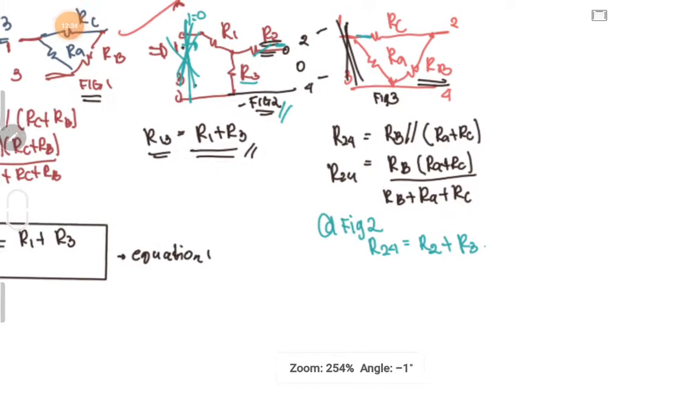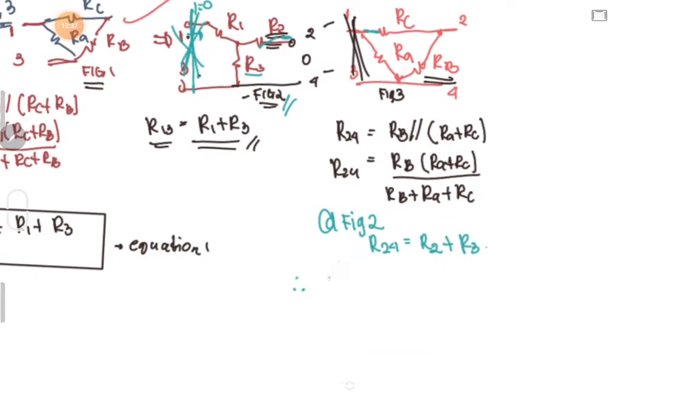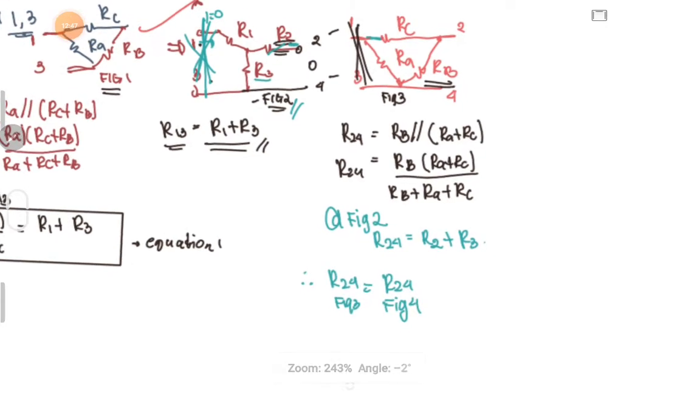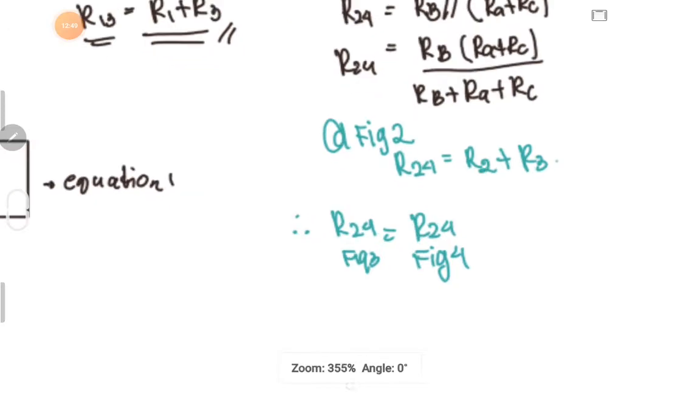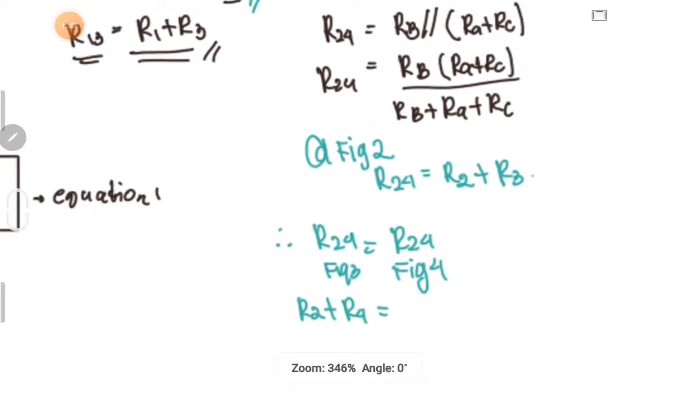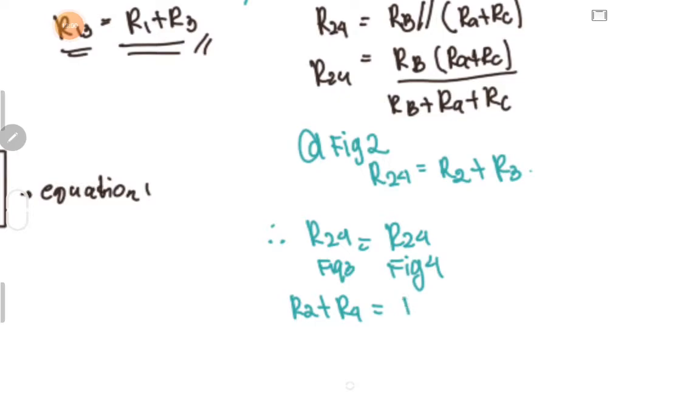So it is safe to say, therefore, that my R24 at figure 3 is equal to my R24 at my figure 4. Okay? So, since my R24 at figure 2 is equal to R2 plus R4, resistance 2 plus resistance 4, therefore, my R24 at figure 4 is equal to RB multiplied by RA plus RC divided by my RB plus RA plus RC.